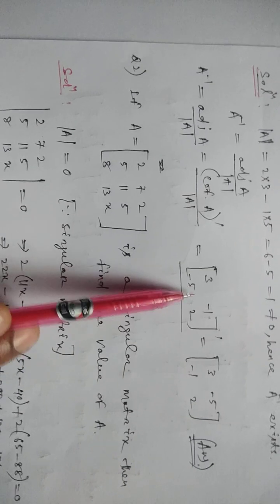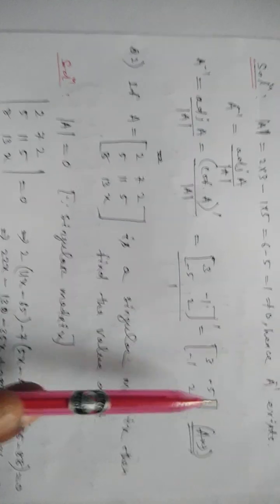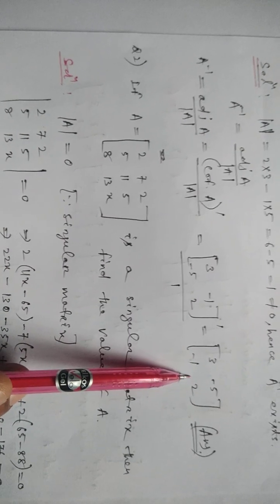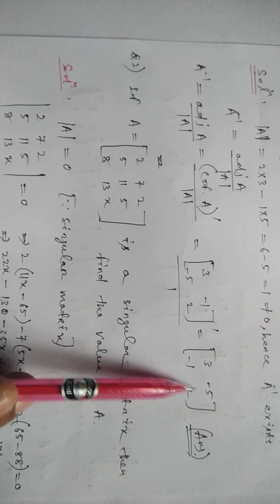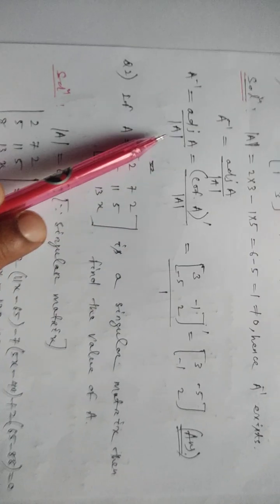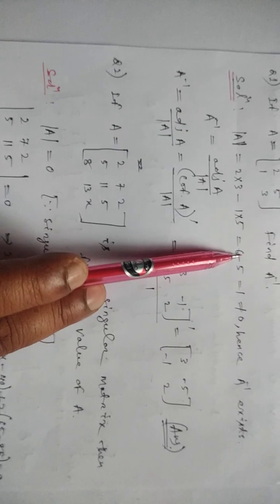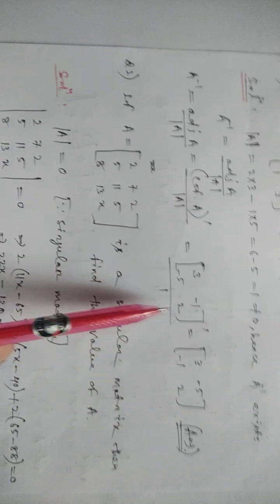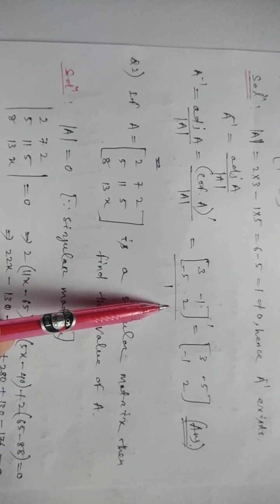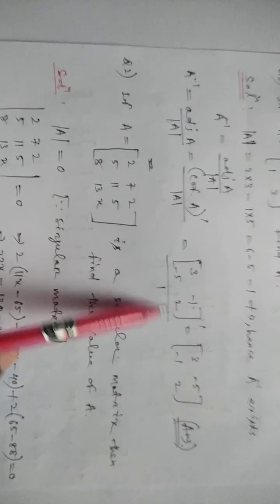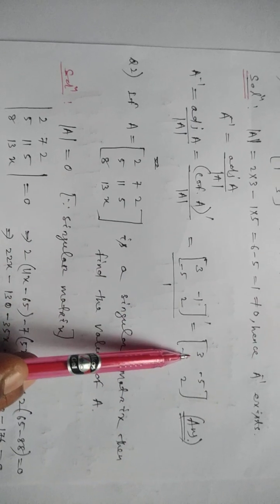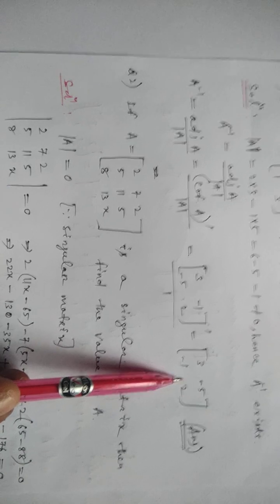Second row elements are minus 5, 2, so I write here in second column. So that is adjoint of A divided by mod of A. I have already calculated, that is 1. So in denominator 1, it will not change the value of this fraction. So A inverse is this.